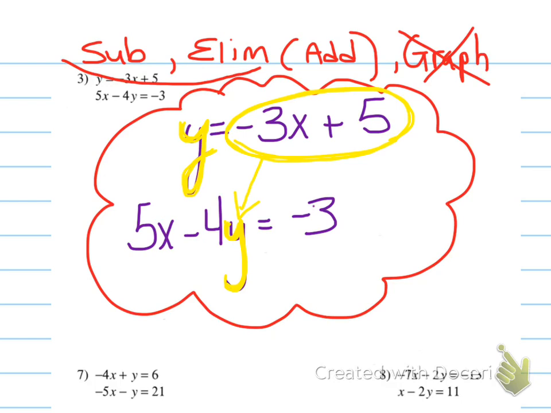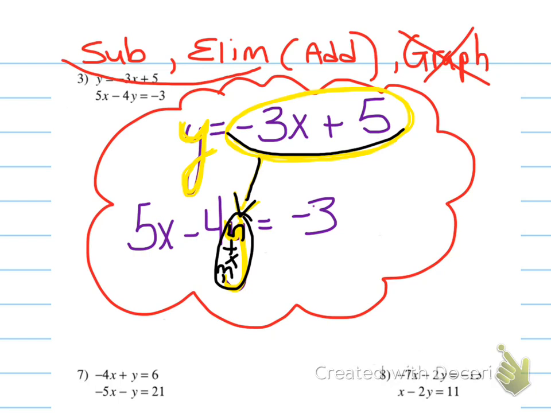If I was to take the value of negative 3x plus 5 and swap it into this y, it would mean I would be writing negative 3x plus 5 into that position that the other y held.